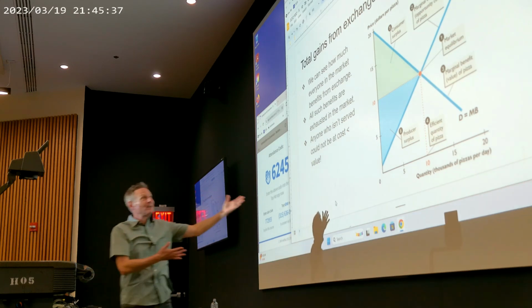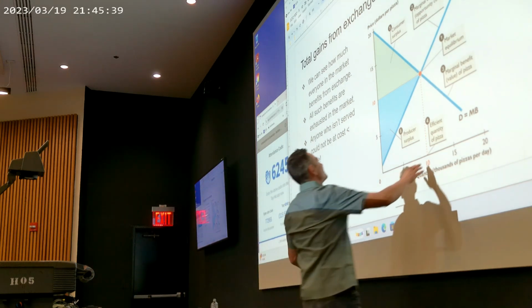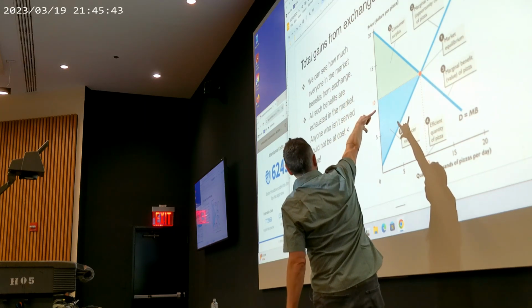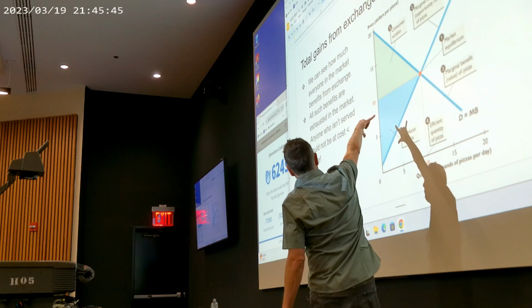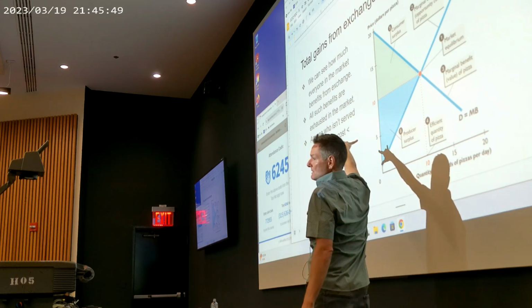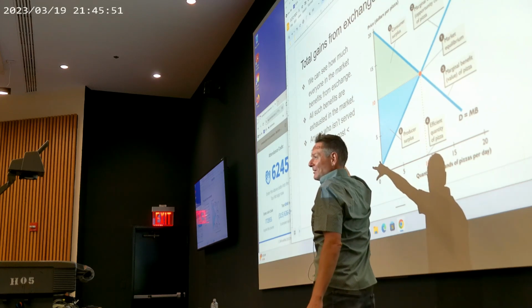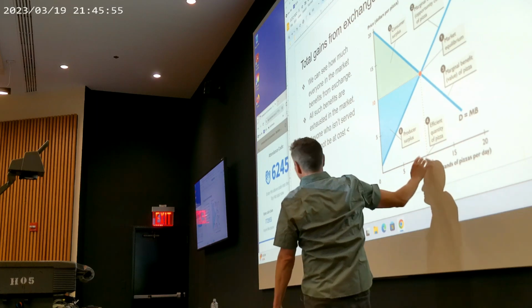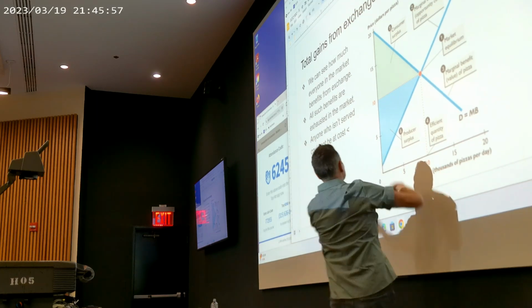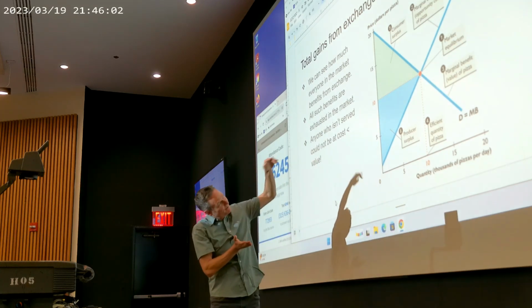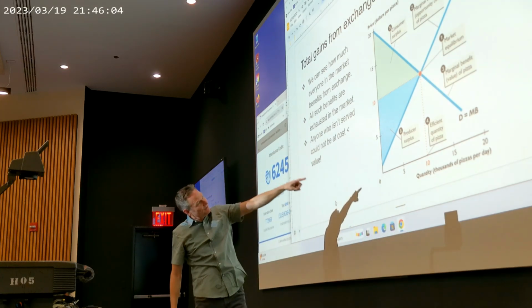And you can calculate it out, right? The area of the green triangle has a height of 10 and a base of 10. So the formula is base times height over 2: 10 times 10 divided by 2 is 50, so that area is 50,000. This area down here is a little bit more complicated. We can do a trick where we turn our heads this way, and now the base is 10.